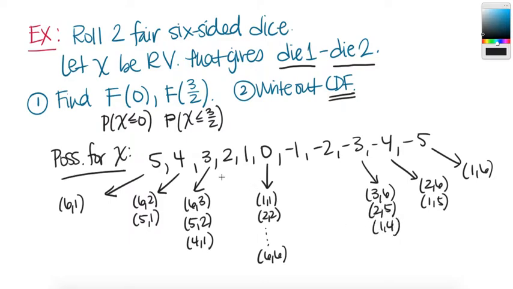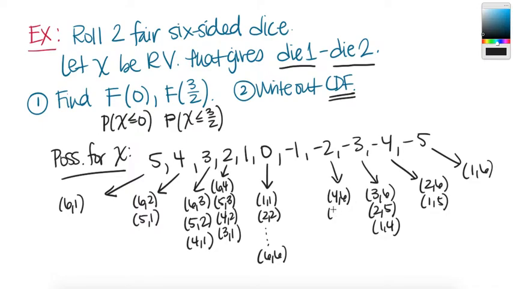Then for 2, we have 6,4, 5,3, 4,2, 3,1, and for -2, all of those flipped around.